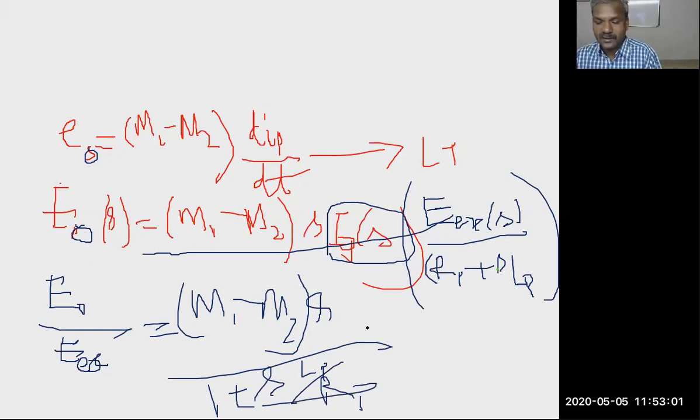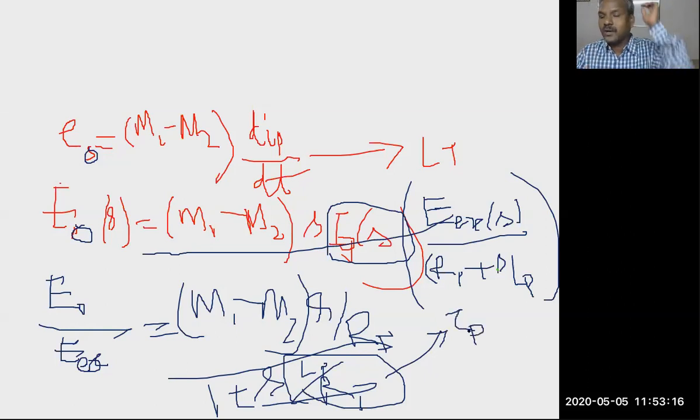So in the numerator it goes S by RP. The LP by RP is nothing but tau P, the time constant of the primary circuit. If the circuit is purely inductive, then the time constant of the circuit is L by R. If the circuit is a purely resistive and capacitive network, then the time constant is tau equal to RC.